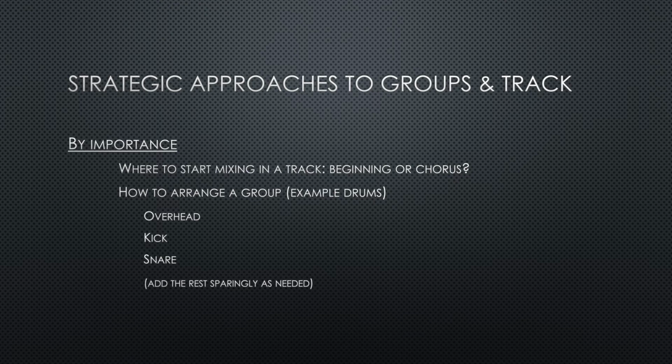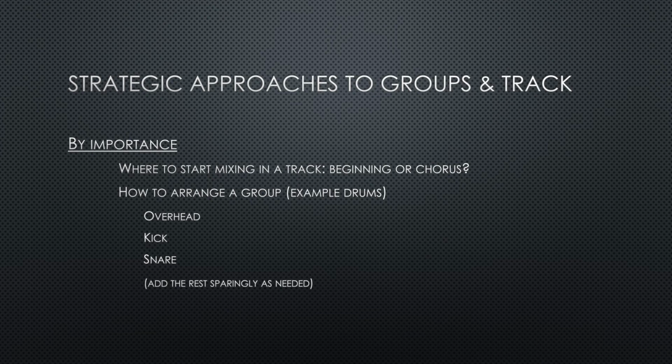Strategic approaches to groups and tracks. So we talked about by importance. When you're actually getting the track together, this is how you're going to mix the song. We talked about starting in the chorus, or just going chronologically, going through a song from start to finish. And then you've got how to arrange a group.